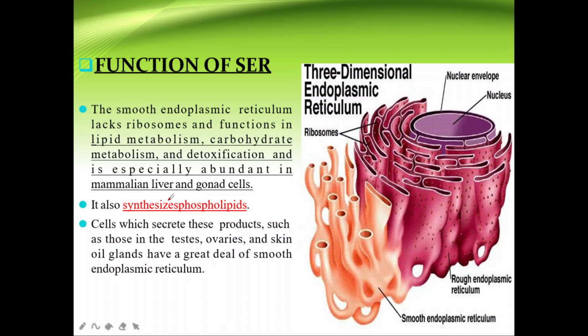It also synthesizes phospholipids. Phospholipids means the lipids which form the plasma membrane of the cell. So, these phospholipids are synthesized in the smooth endoplasmic reticulum. Cells which secrete these products, such as those in the testes, ovaries and skin oil glands, have a great deal of smooth endoplasmic reticulum.